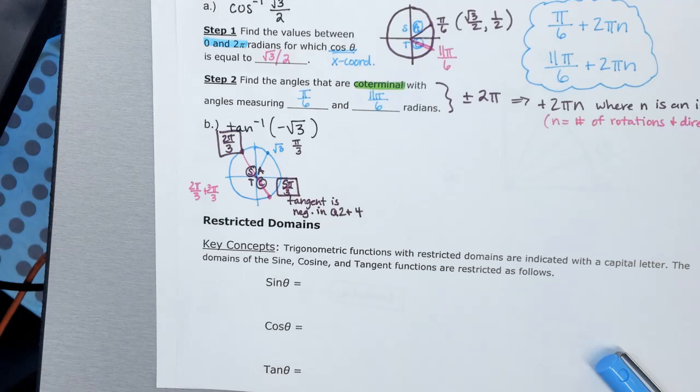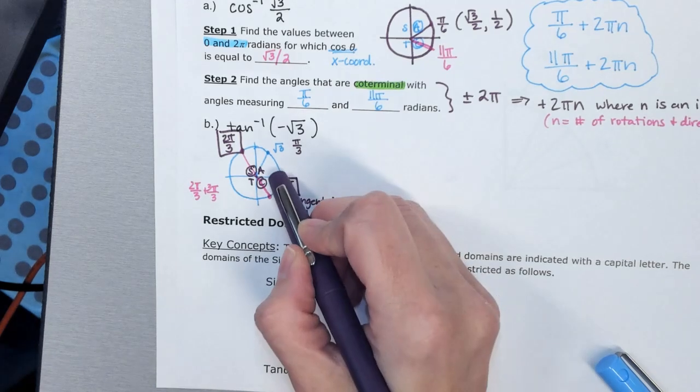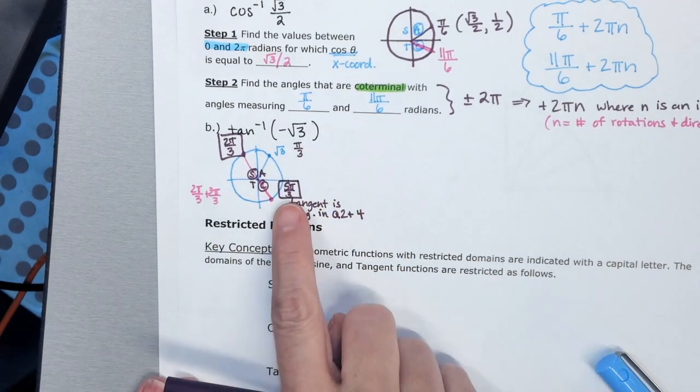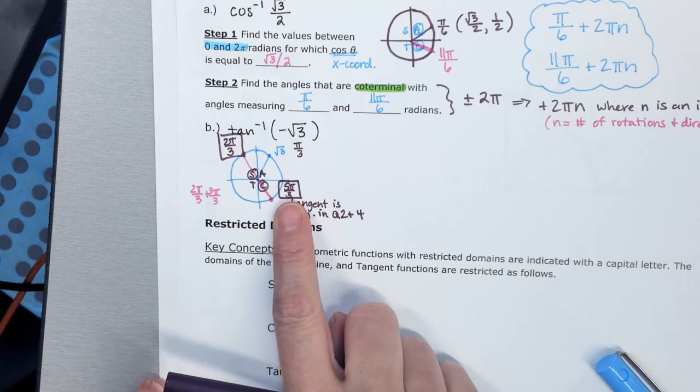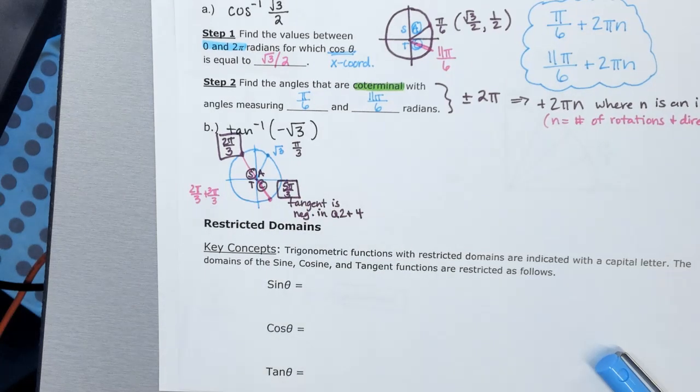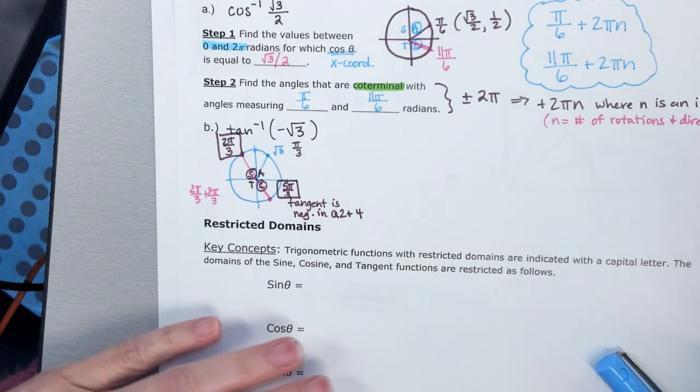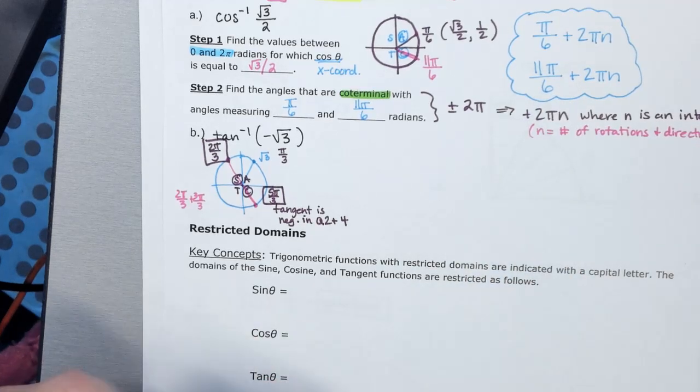Another way you can think of it is the reference angle, because if this is pi over 3, all you have to do is 2 pi minus pi over 3, which is 6 pi over 3 minus the pi over 3 to get that. And then your answer is just written in this same form, okay?